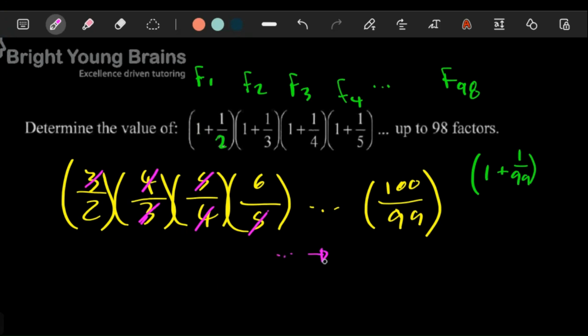So there would be a 99 here over 100 here. This 100 would have been cancelled by the previous one, and this 99 would be cancelled by this 99, meaning you'd be left with 100 at the top and a 2 at the bottom, so your answer would just be 50.